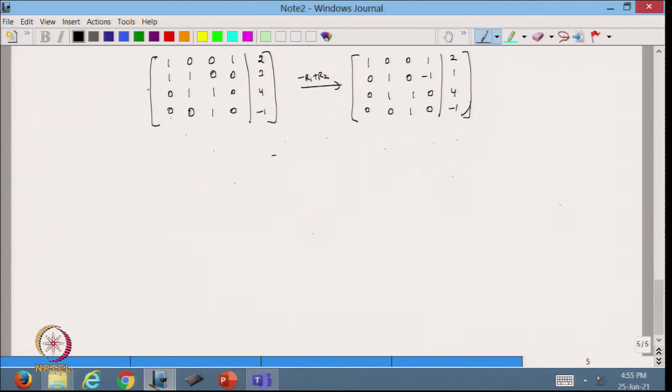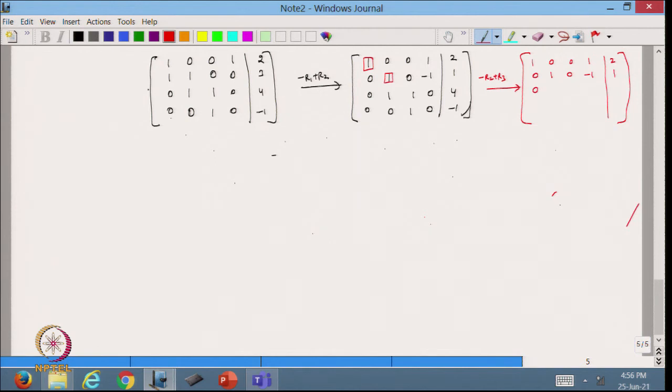Now this is my pivot element, this is also a pivot, so I need to make this element 0. So from here I will apply minus R2 plus R3. So it will be 1, 1, 0, 0, 2, and then 0, 1, 0, minus 1, 1, 0.